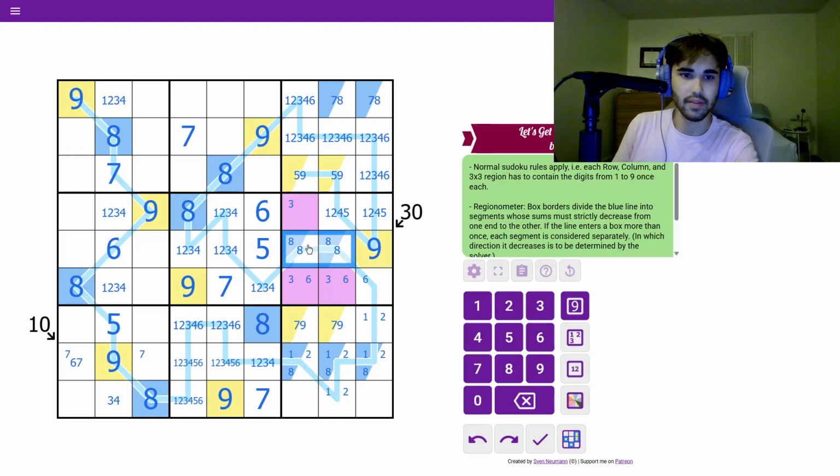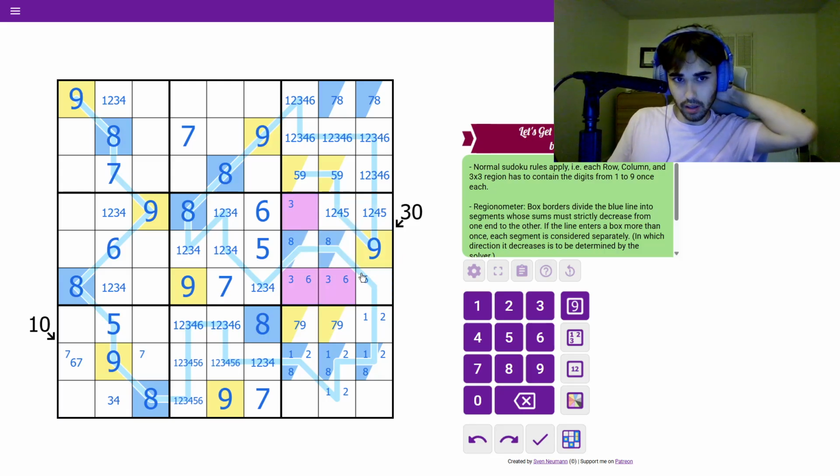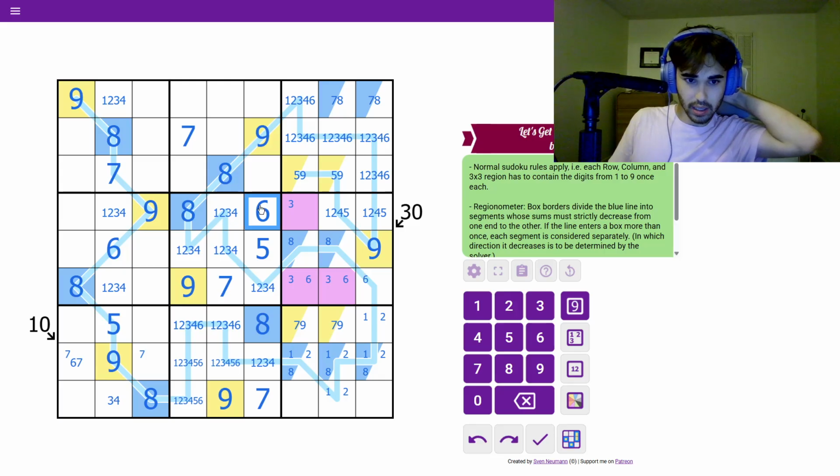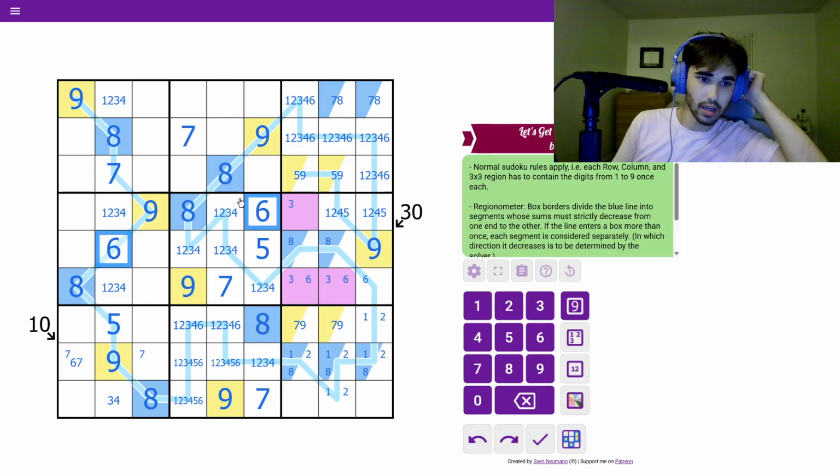I need to take away these 7s. They're tripping me up. Yeah, this is all very confusing to me. I don't know if that's the place to look anymore, because I do have probably better sources of information going for me that I'm just not seeing. It could have to do with this cage.